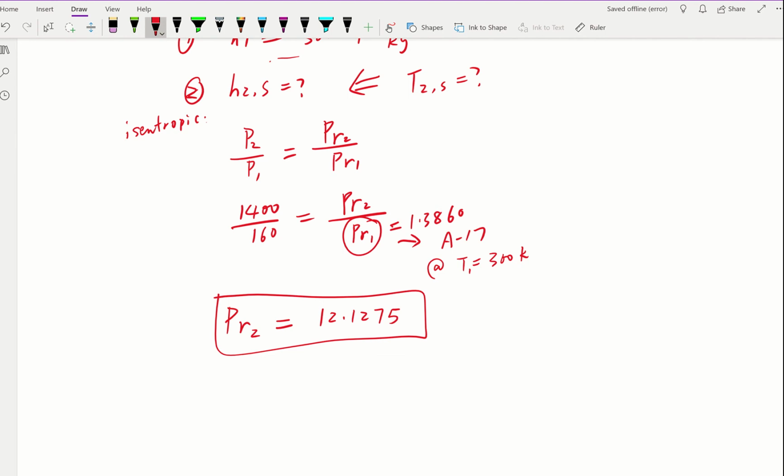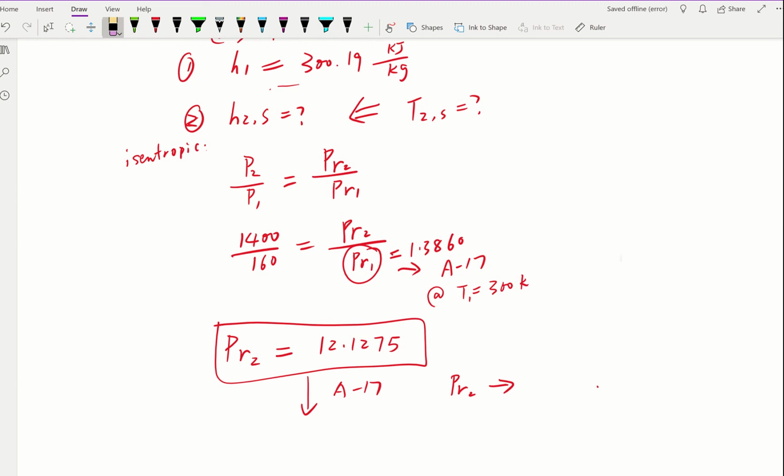That's the relative pressure, PR2. How would finding this relative pressure help us? We can actually reverse back. We can go to the same table. We're going to go to table A17 again. So now let's take a look at table A17. So our logic is, from PR2, we want to find what? The temperature. Or maybe we don't even want to find the temperature.